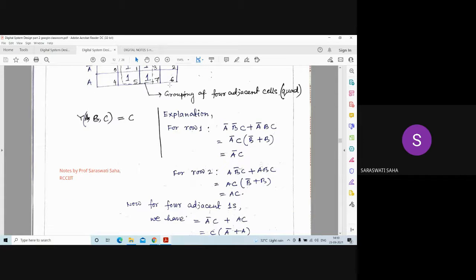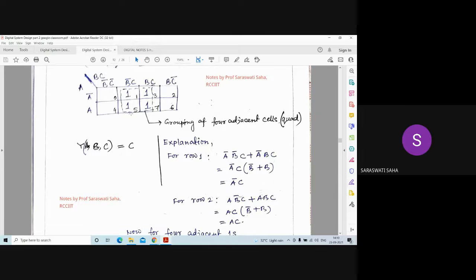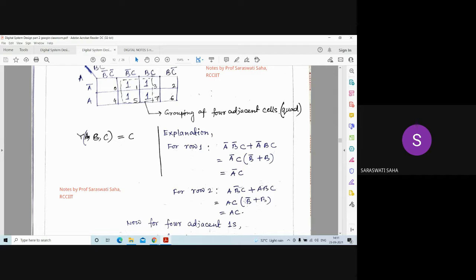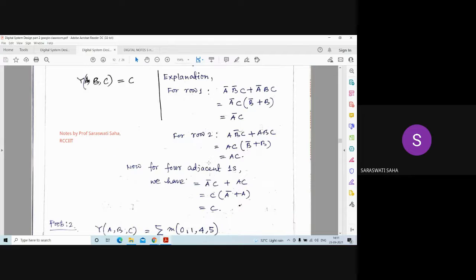And for row 2, you can write for 5, that is A B bar C, and for 7, A B C. So A B bar C plus A B C. Here AC is common, B plus B bar gives you 1. So by taking these two for row 1 and row 2, again you will get A bar C plus AC.